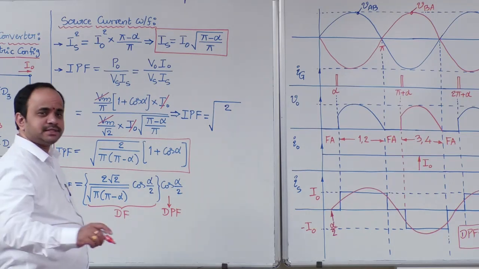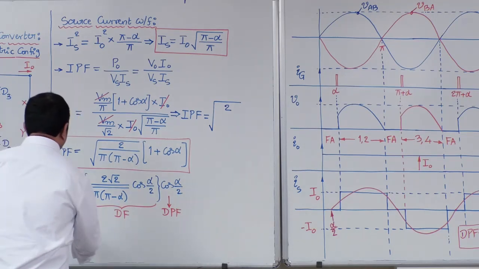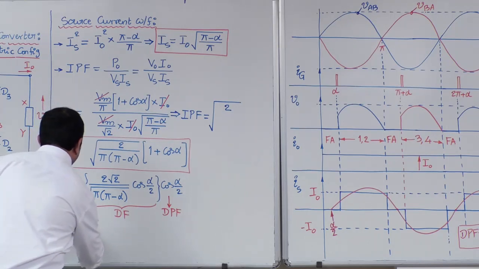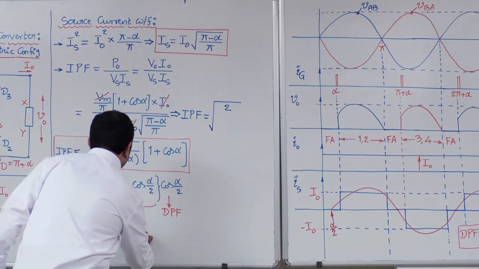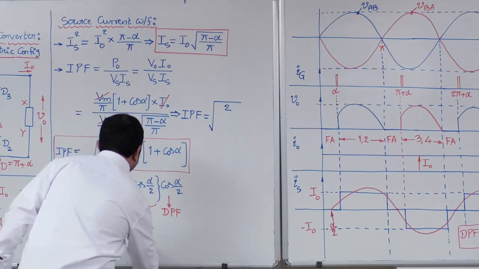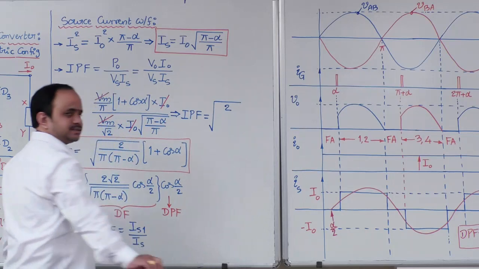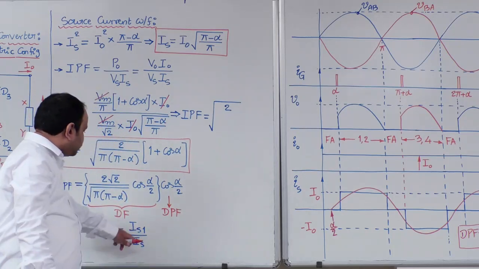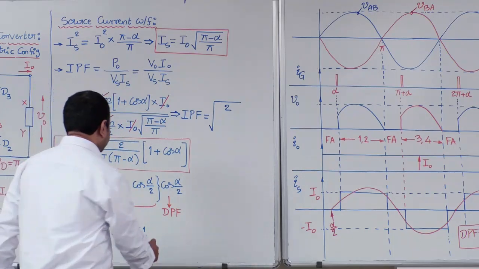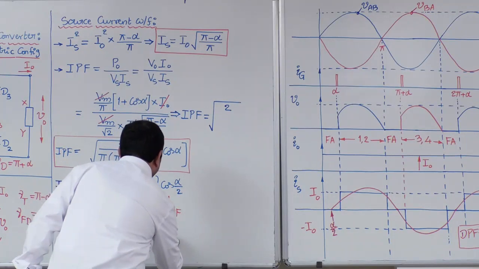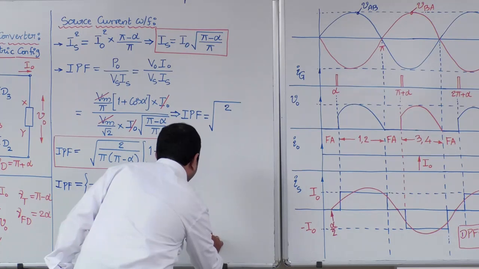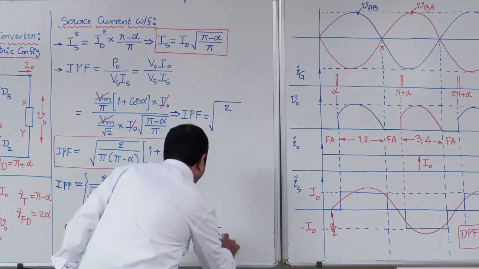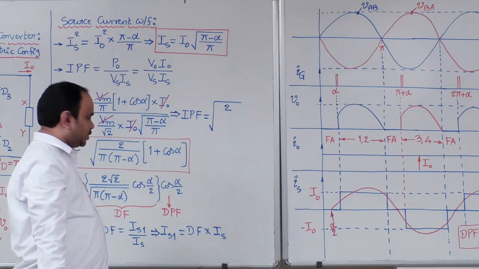But what is distortion factor, where DF is equal to IS1 divided by IS. Therefore, from this IS1 can be expressed as distortion factor multiplied with IS.